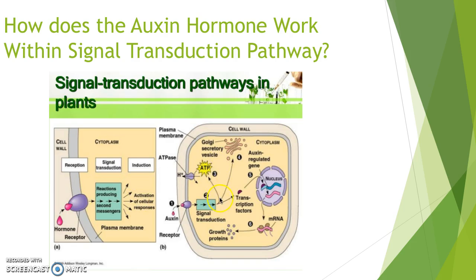And then over here, this diagram is an even more specific, detailed look at what's going on right here. So now after those cellular responses are activated, they can go throughout the plant and allow it to do many different things.